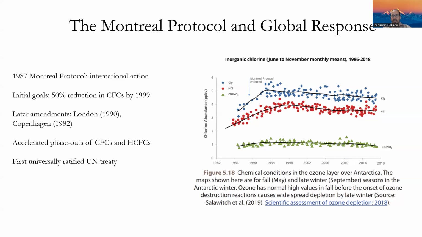As the figure shows, chlorine levels begin to stabilize after the treaty, reflecting its impact. Remarkably, it became the first universally ratified UN treaty, demonstrating how science and policy can align to confront global environmental challenges.